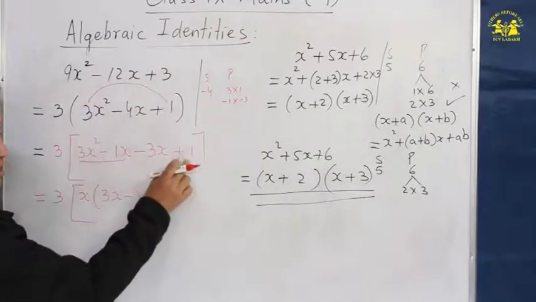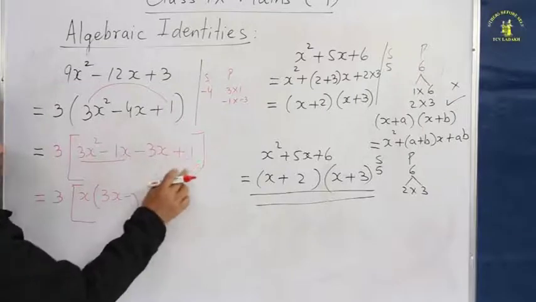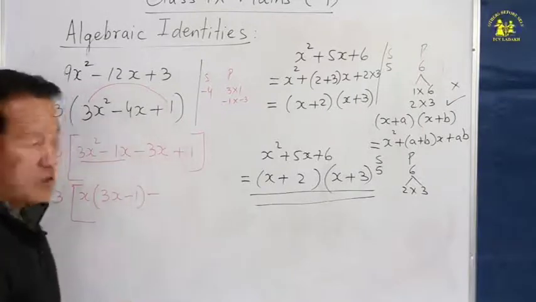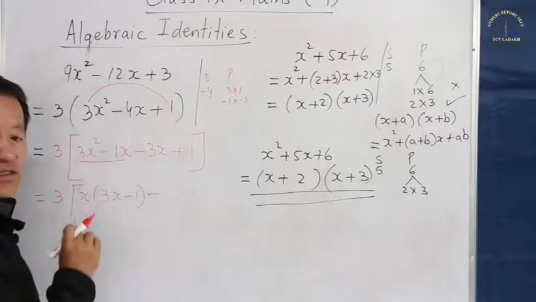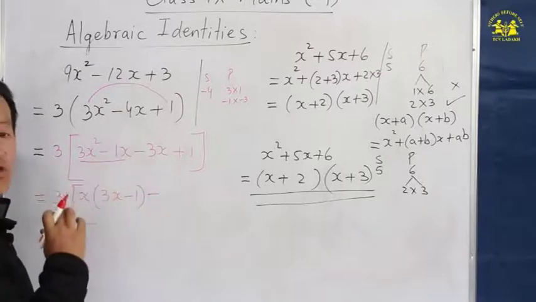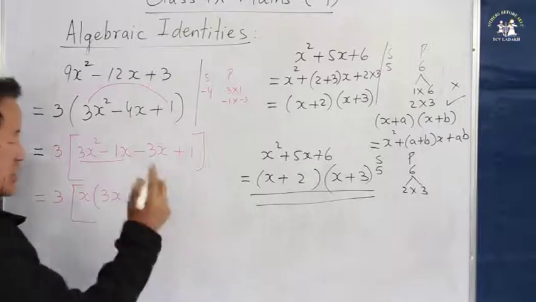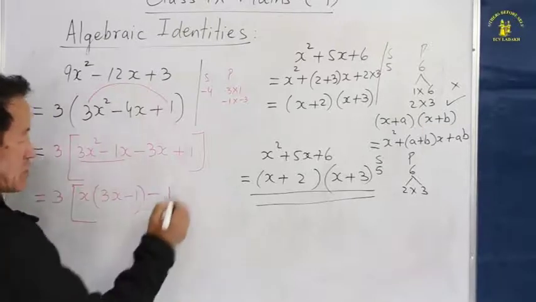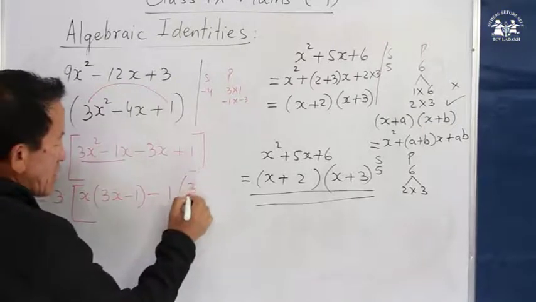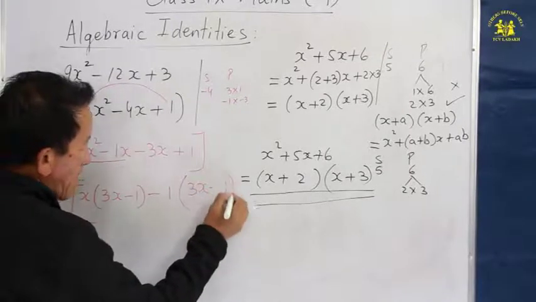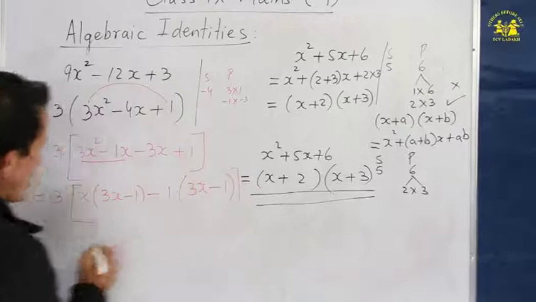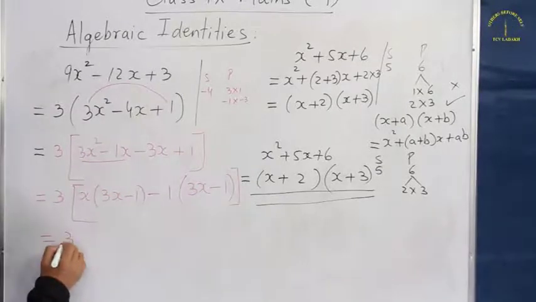So what is the common factor? If we do not find any specific factor, then 1 is the universal common factor. So we shall take 1 out. What will be left? 3x, the sign will change, minus 1. Square bracket, 3.